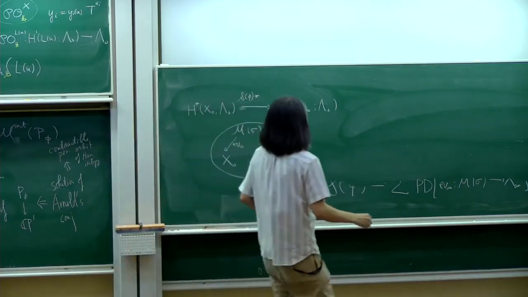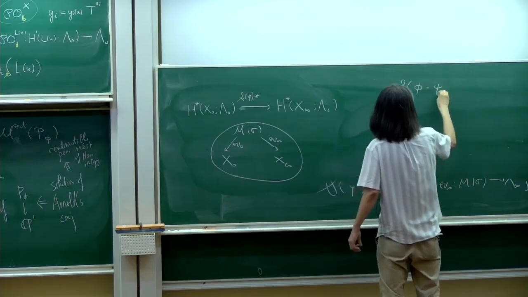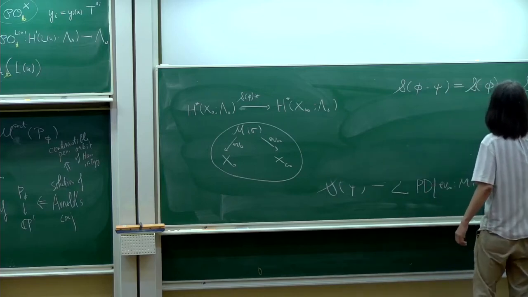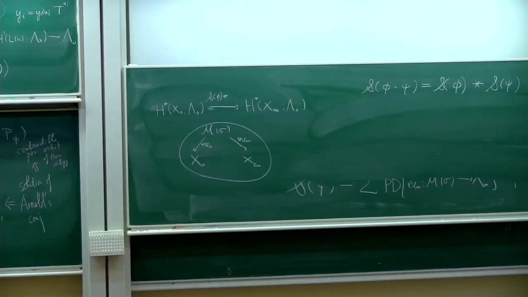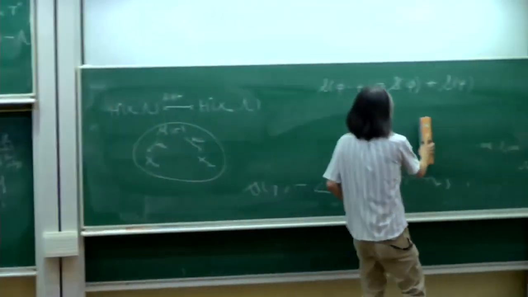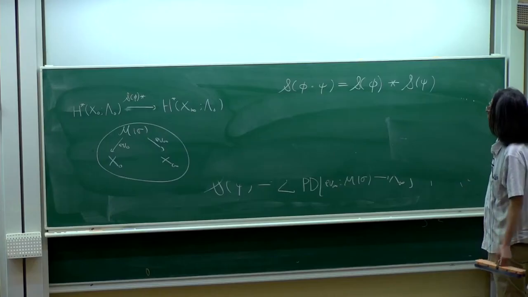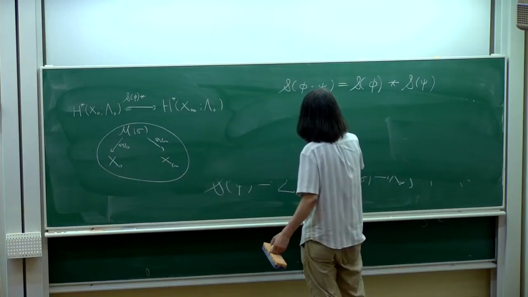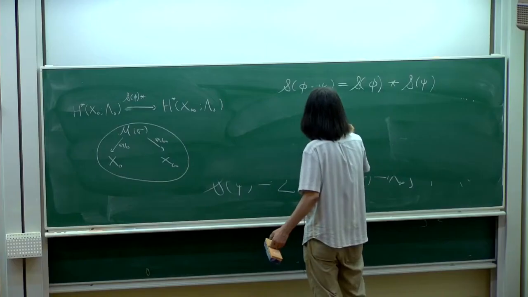Okay, and then we also have the following. This S of phi composed with psi is equal to S phi S psi. Yes. Because at the beginning, you may have here phi composed with psi, and here 0 and infinity.